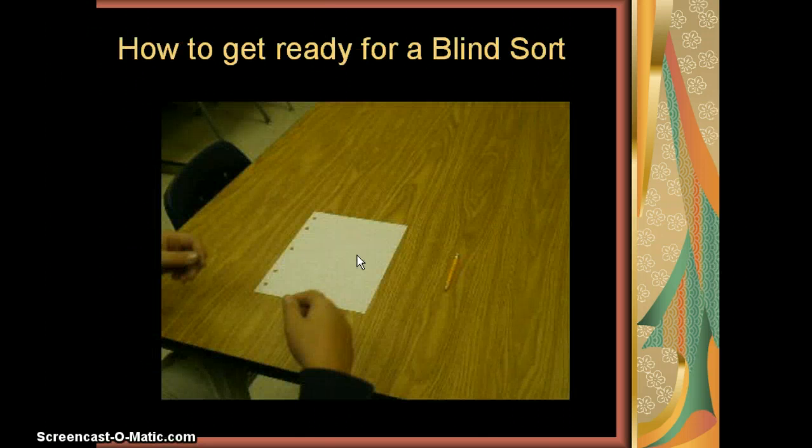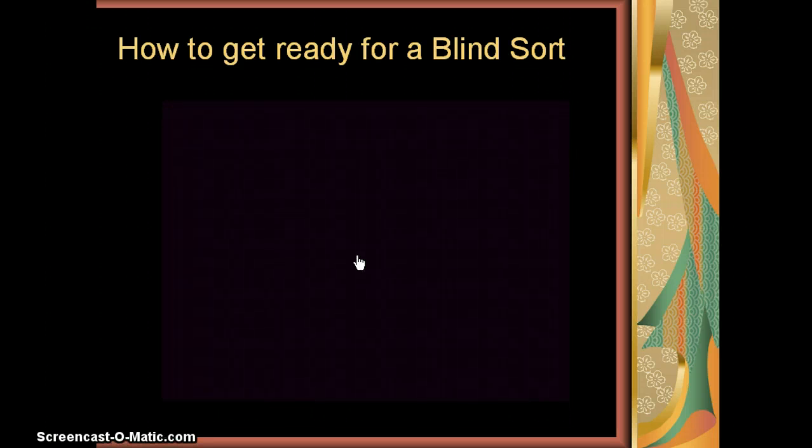The next activity we're going to do is called a blind sort. The student in this video will show you how to set up your paper for a blind sort. You're going to take your paper and fold it into 4 sections. And then you're going to open it back up, and there are your 4 boxes.